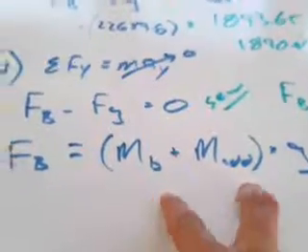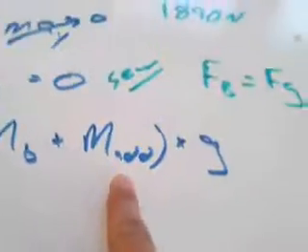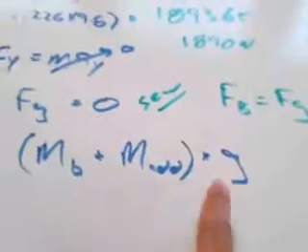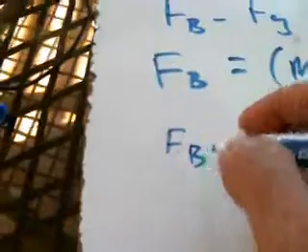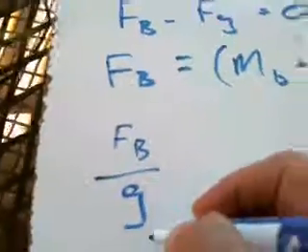So what I'm going to do is isolate m_add, which is the additional mass. I'm going to divide by g, so this will be FB divided by g.